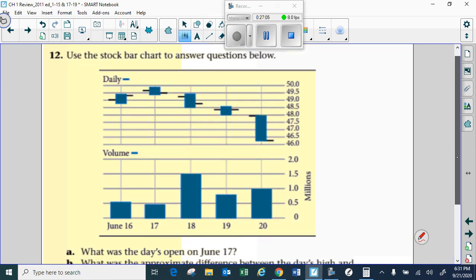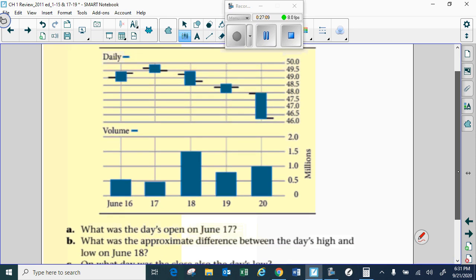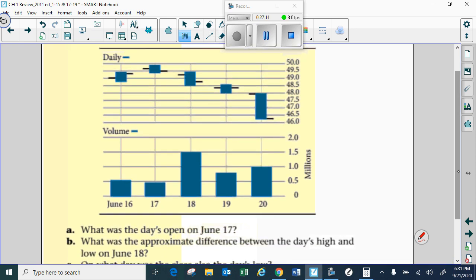Okay, use a stock bar chart to answer the questions below. Remember, on the left side is the opening. The right side is the close. Open, close. And then the blue represents the high and the low for that day.